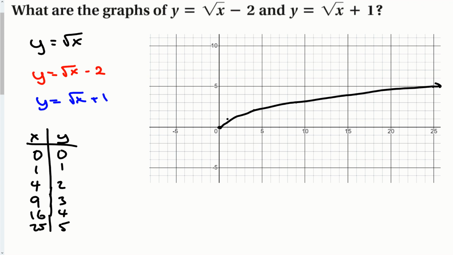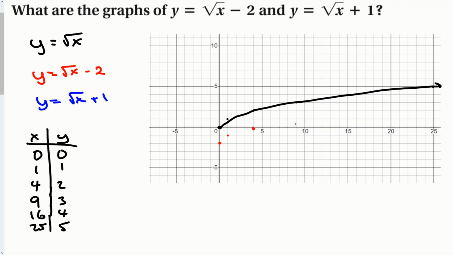Okay, so if I know the starting point, if I know where the function begins, then I can make the rest of it with the rest of the transformations. And I know if I plug in 0, I would get -2. So from that starting point, if I go right 1, the square root of 1 is 1. If I go right 4, the square root is 2.